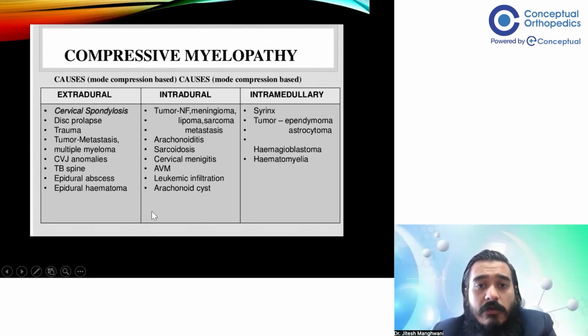So these are the intradural causes that may cause myelopathy. What I spoke about here was intradural but extramedullary. Now, if you talk about intramedullary, intradural pathologies that might cause myelopathy, it is going to be syrinx, tumors like ependymoma, astrocytoma, hemangioblastomas, and hematomyelia. So these are the intradural, intramedullary tumors that may cause myelopathy as well.